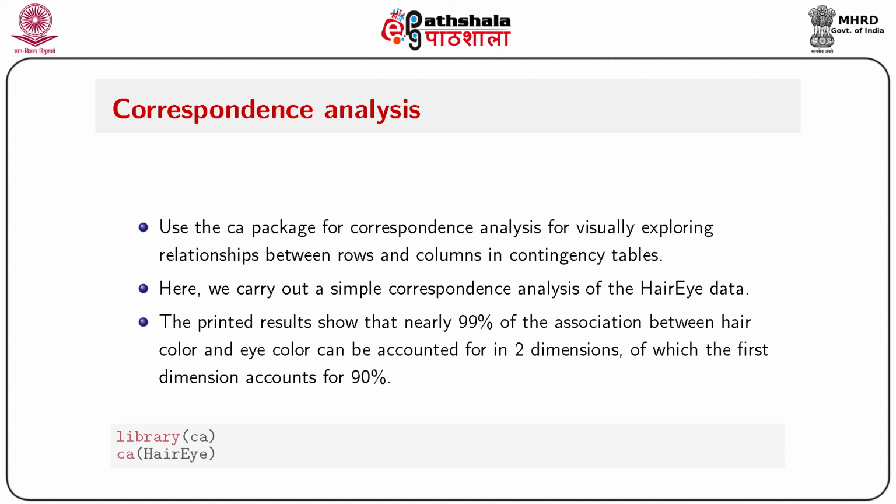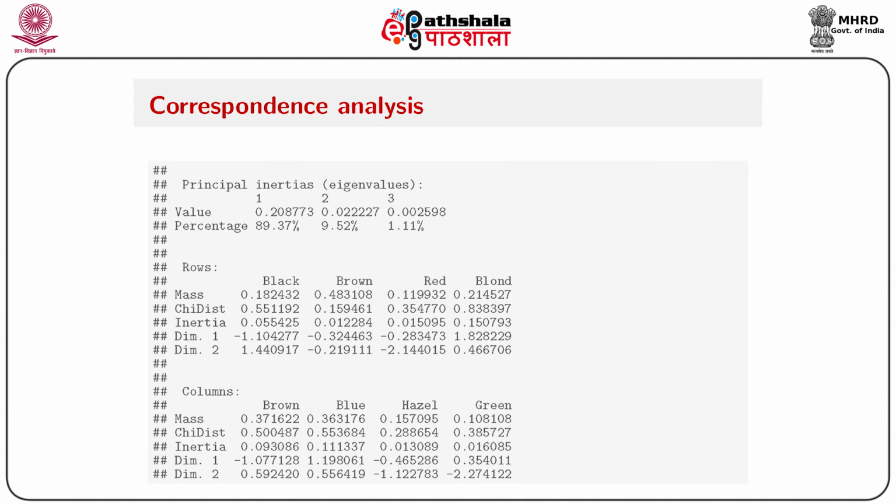If you see the results, you can just use ca and pass the table here, and you will get the results: the eigenvalues and the corresponding mass, chi-square distance, inertia, dimension 1 and dimension 2, and this way you will get all the information.